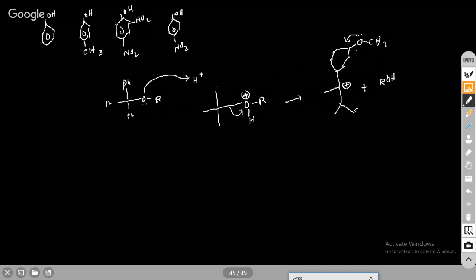Means we have one more phenyl group here, which is replaced by paramethoxyphenyl group. So in this case, obviously, this carbocation is most stable and the reaction will be fastest. Understood? So this is how they ask the question. Okay, JEE Advanced question. Next one you see.